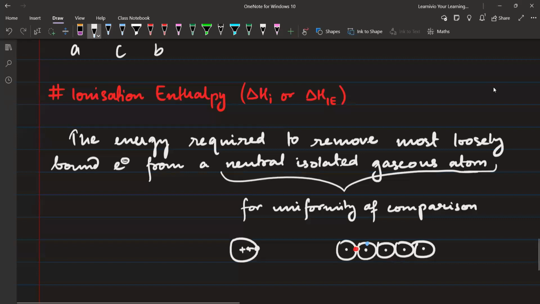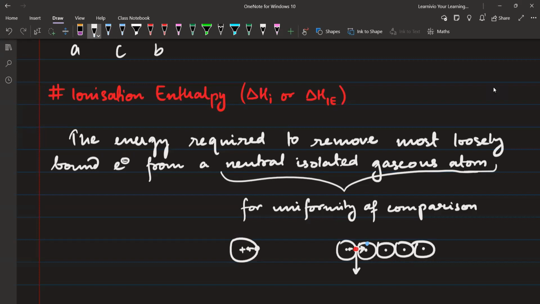To remove the red electron, it is attracted by this proton and the adjacent proton. Both nuclei are quite close to the electron. Also, the blue electron will be repelling the red electron.